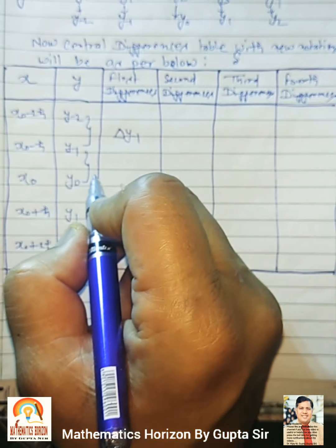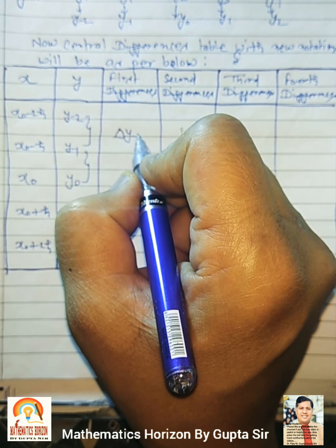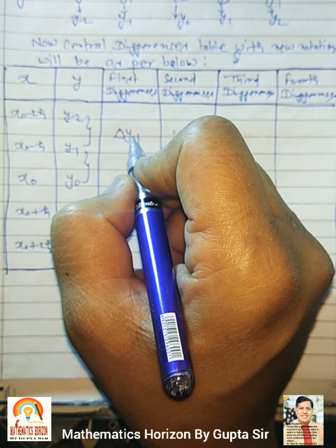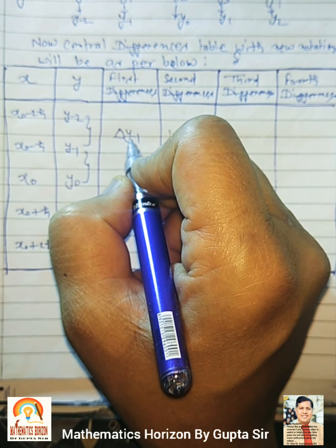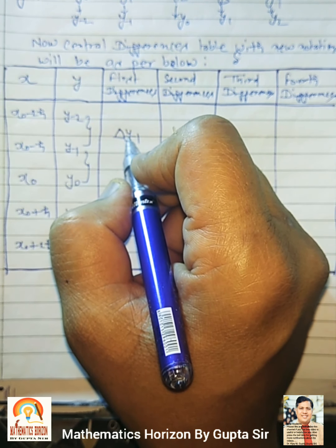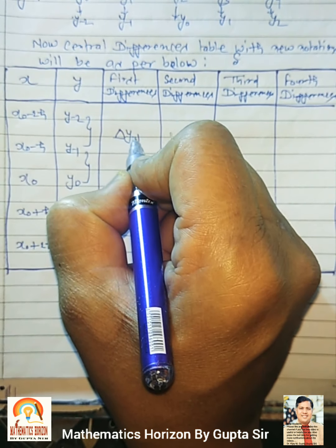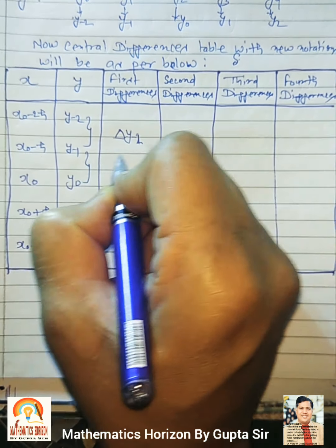Now, what is the difference of these two? Equivalently, this is del y minus 3 by 2. No, sorry, this is del y minus 3 by 2, the difference of these two.